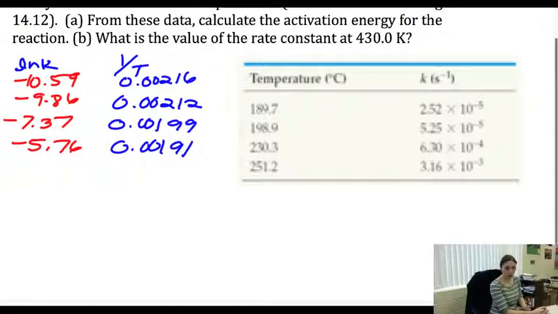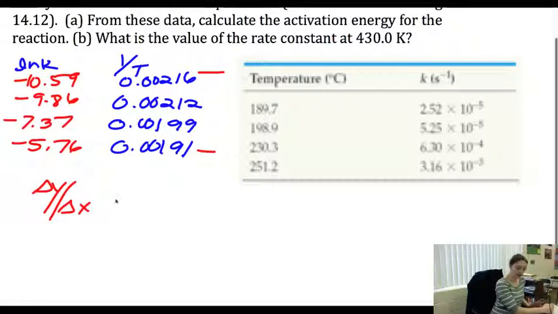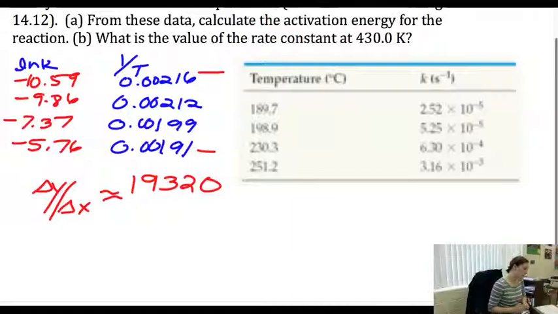You can just plug them in your calculator and get the slope of your line, or you can take the beginning and the end, take this value and this value, and then change in Y over change in X gives my slope. You should get a value of about 19320, is what I had.